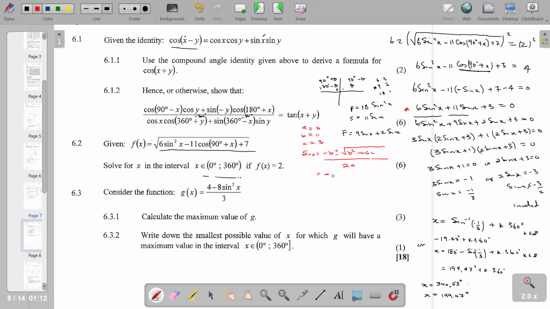So we're going to have minus our b, it's 11, plus or minus the square root of b squared, which is 11 squared minus 4, our a is 6, our c is 3, all over 2 times a, our a is 6. Then trust your calculator.